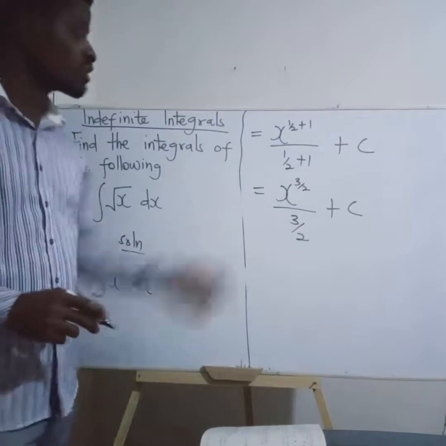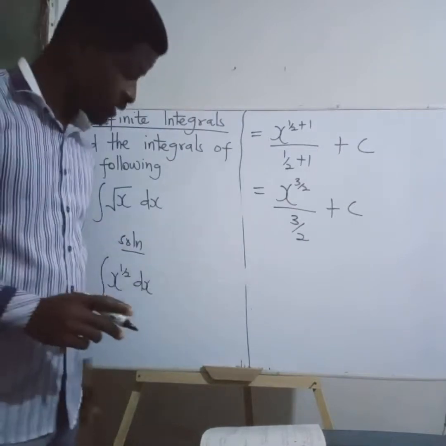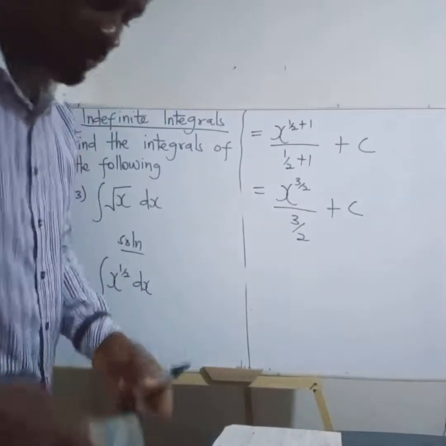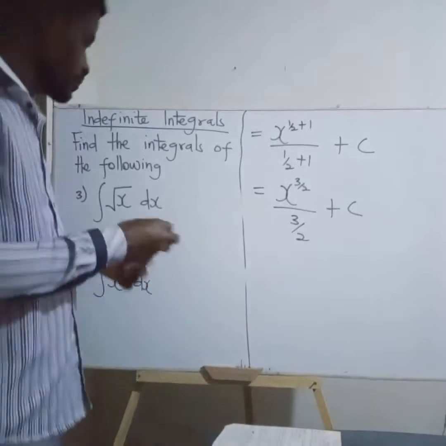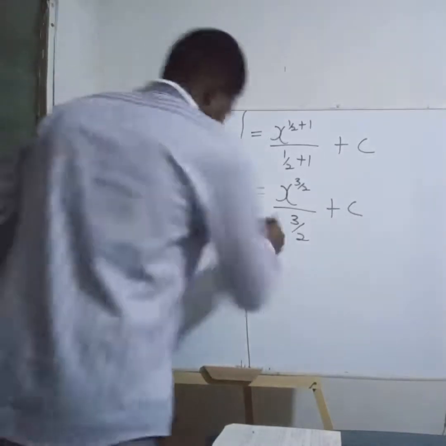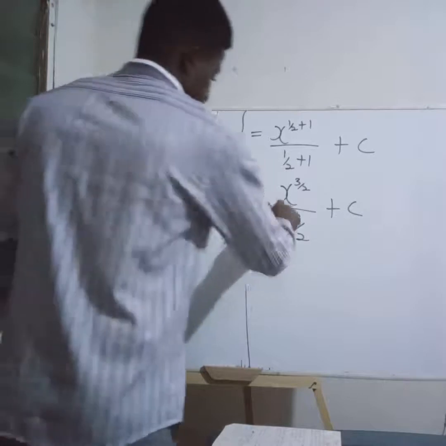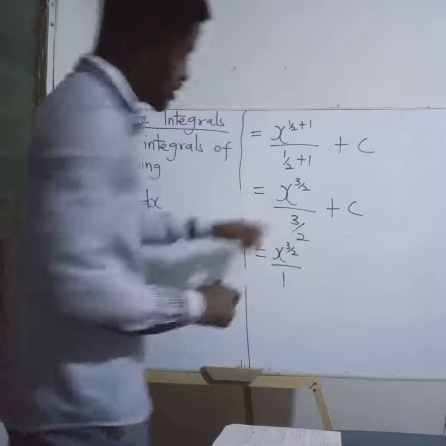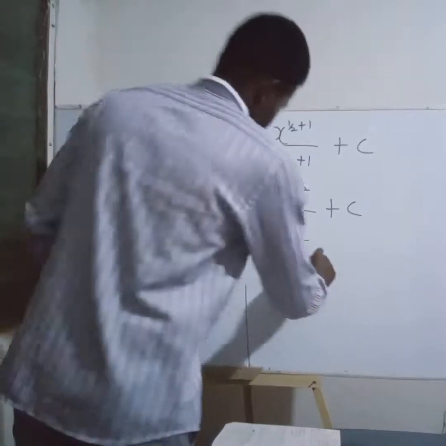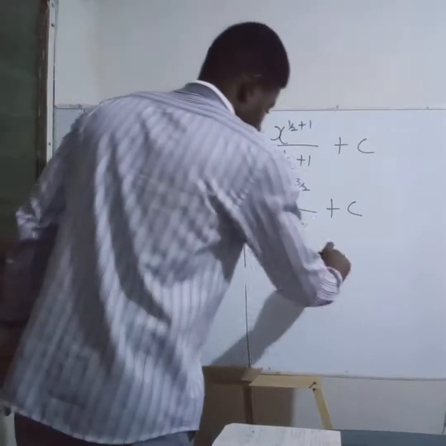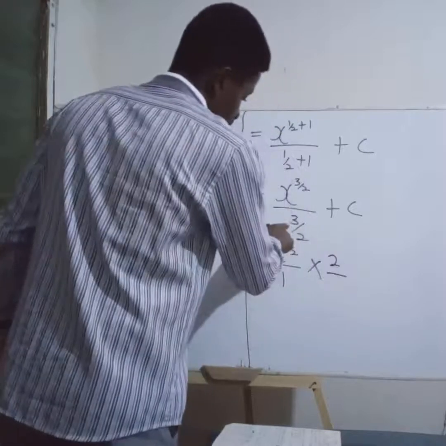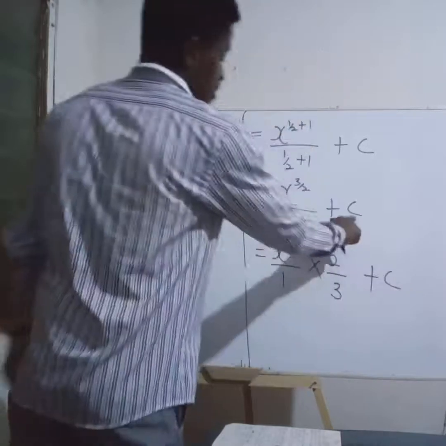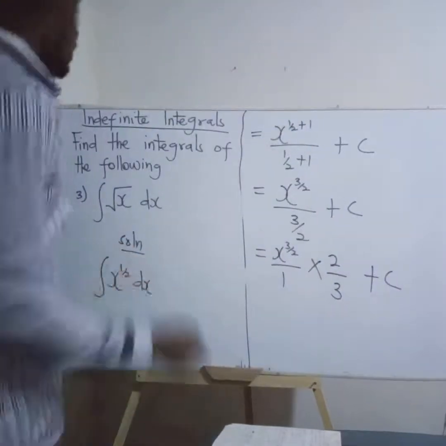We are going to deal with some simple algebra. Now we can write this one as x to the power 3 over 2 divided by 3 over 2. I'll change this division sign to multiplication. The 2 becomes the numerator and the 3 becomes the denominator, plus my c.